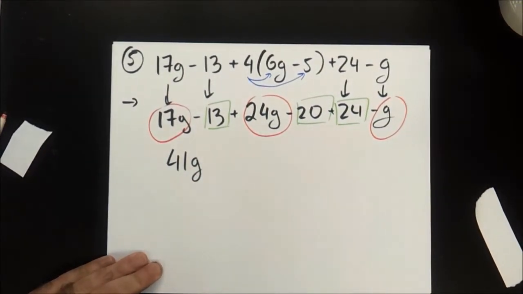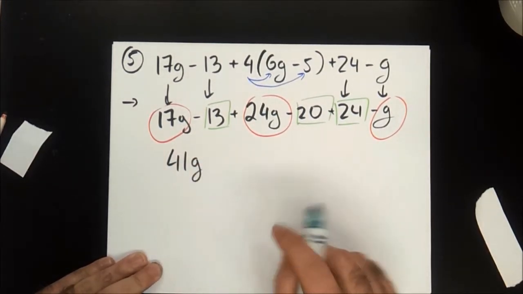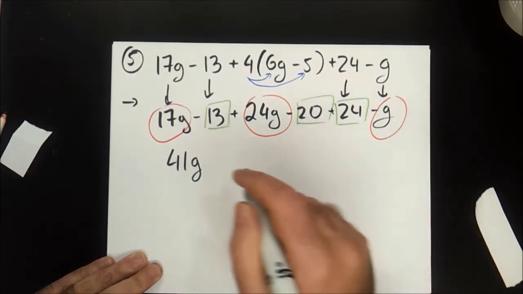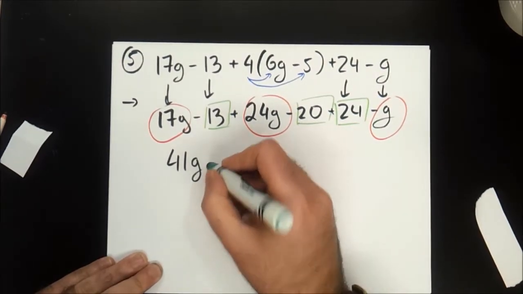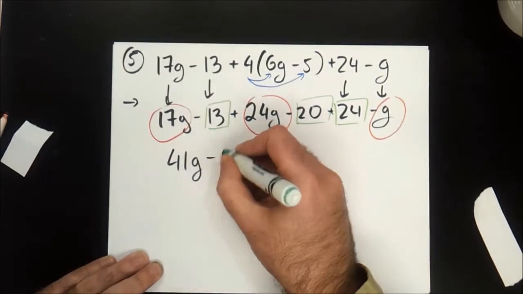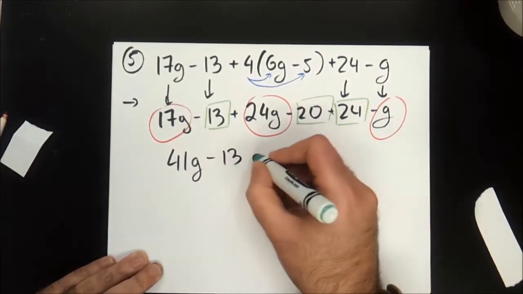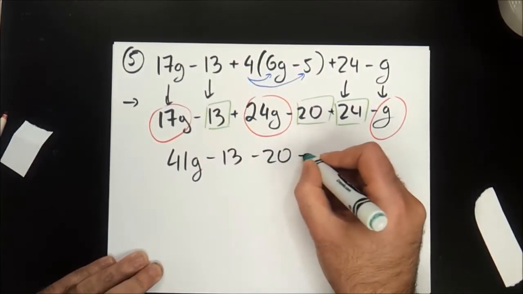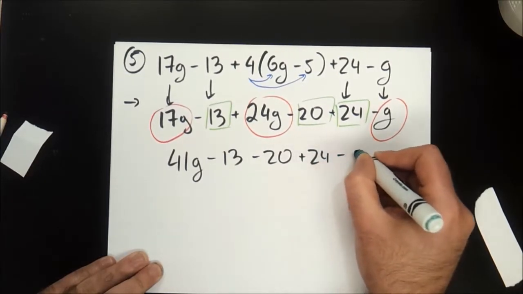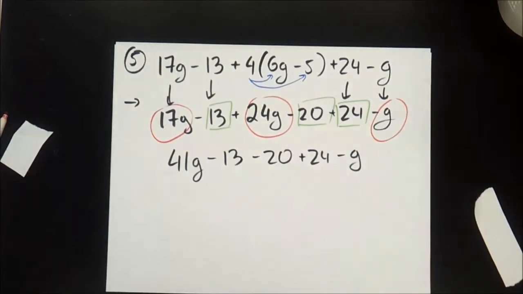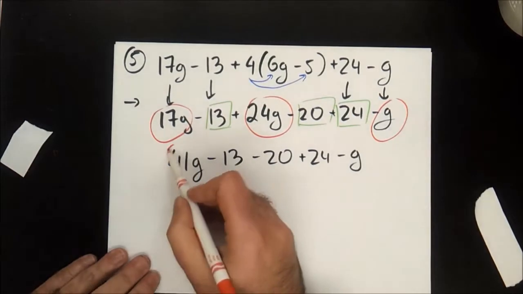That is 41, right? Yes, 41g. And I still have this minus g here. Anyways, I'll just rewrite everything else. Minus 20 plus 24 minus g. I guess I'll remark everything again.